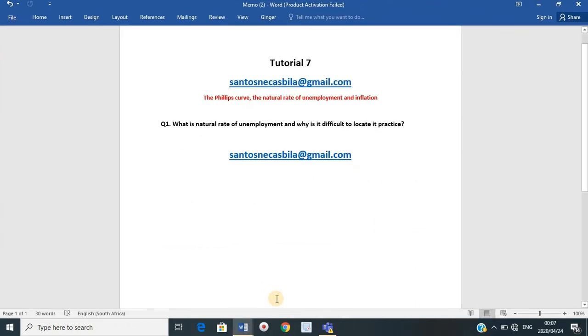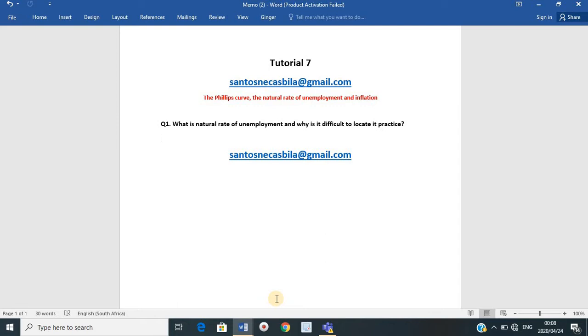In one of our previous tutorials, where we were talking about the labor market, we tried to know in one of the questions what would be the impact of having inflation neither rising nor falling. In other words, we're trying to know whether having inflation not changing over time would mean that unemployment will be zero, or will we have unemployment at its lowest rate?